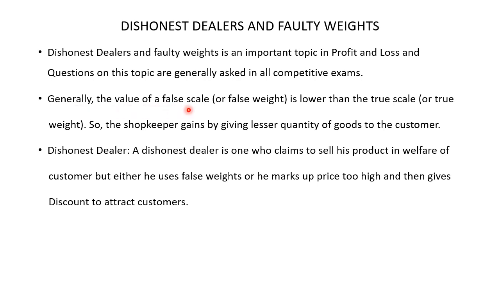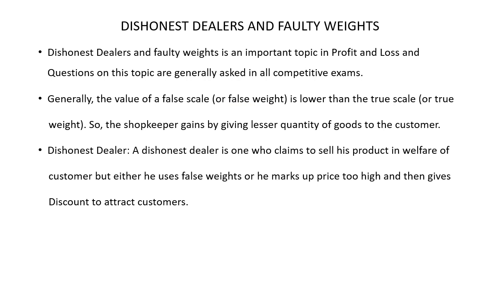Generally, the value of a false scale or false weight is lower than the true scale or true weight. So, the dishonest shopkeeper gains by giving lesser quantity of goods to the customer. For example, a customer wants to buy 1 kg of sugar from the shopkeeper. Now, this shopkeeper is a dishonest shopkeeper. Instead of using the true weight of 1 kg to sell 1 kg of sugar to the customer, he uses a false weight of say 800 grams.